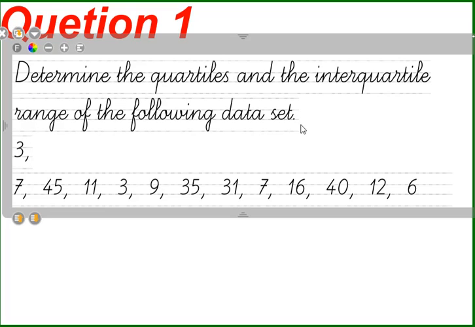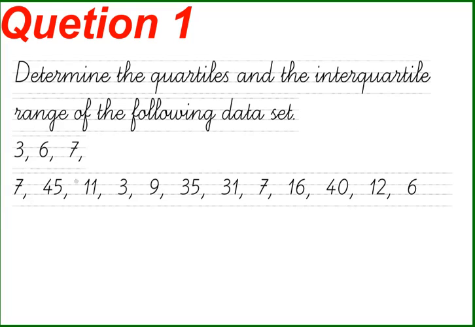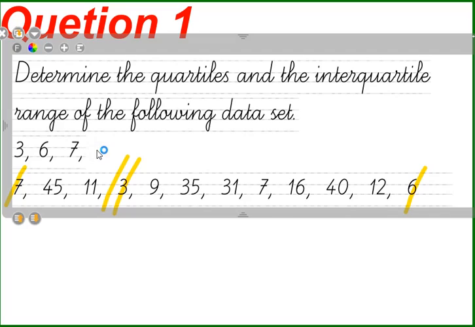So we have 3, 9, 7, 6, 7. We just cancelled 3, we cancelled 6, we cancelled 7. We have 2 7s, so let's quickly write that down. 7, 7, and we have 9.